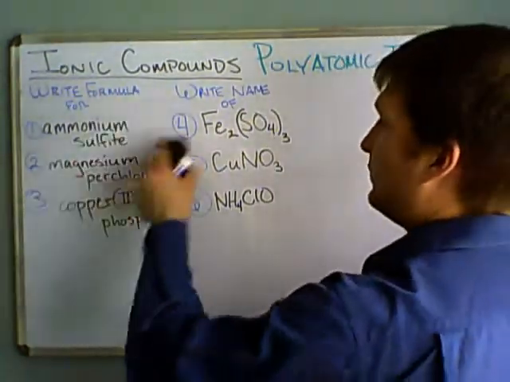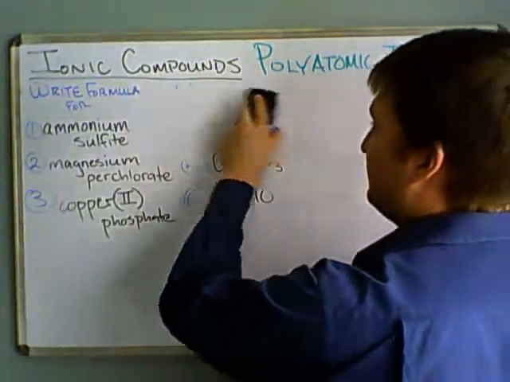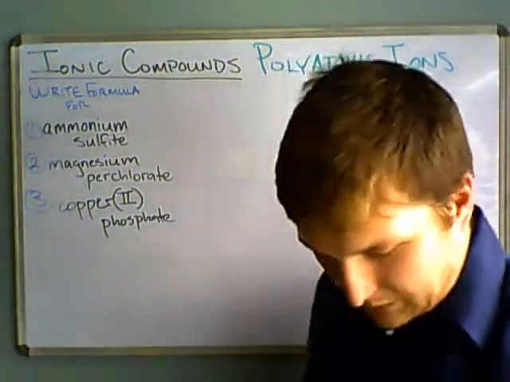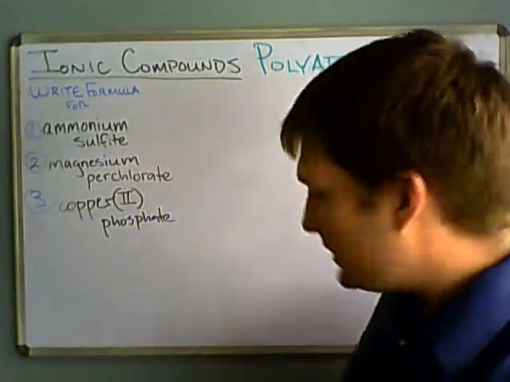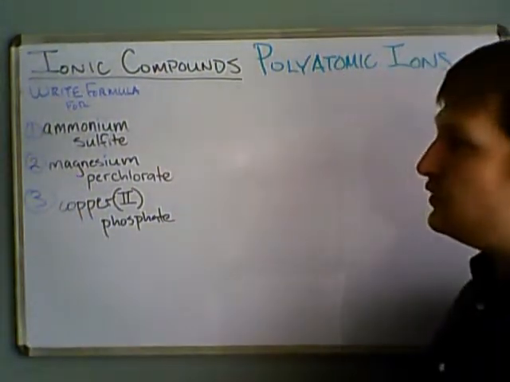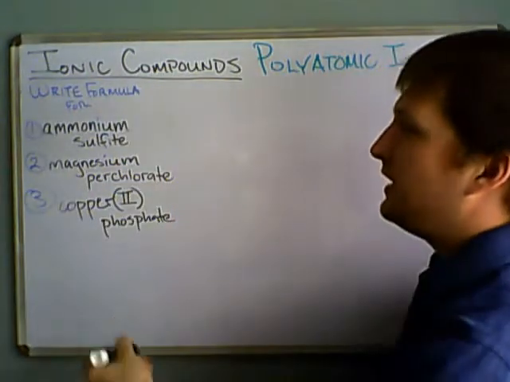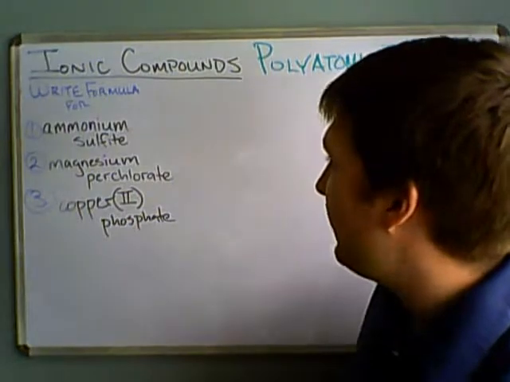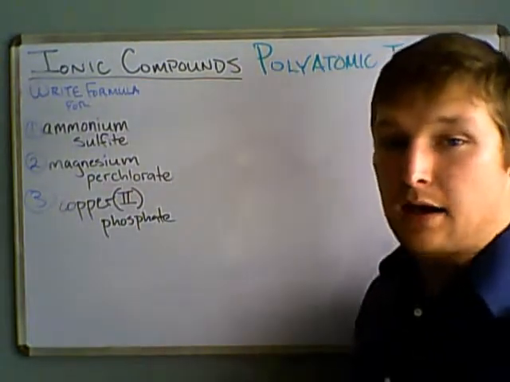So I'm going to start with these. Okay, ammonium sulfite. The first thing I do when I have a name and need to write the formula is identify my ions.